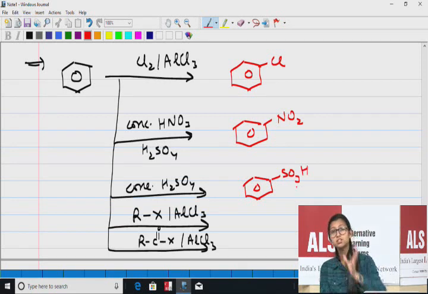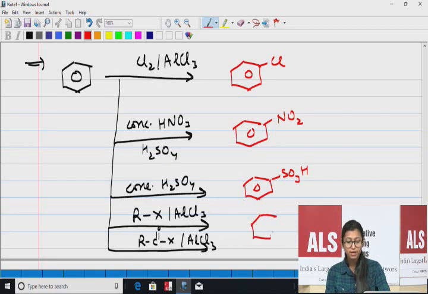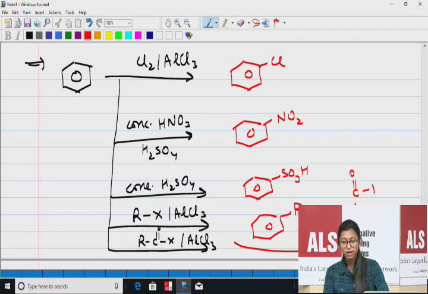The process is the same everywhere in all five reactions. The only thing that is different is the generation of the electrophile. Once you get the electrophile, in the same way it will attack the benzene ring. Here I will get an R group, and in the last one, I will get C double bond O and R.